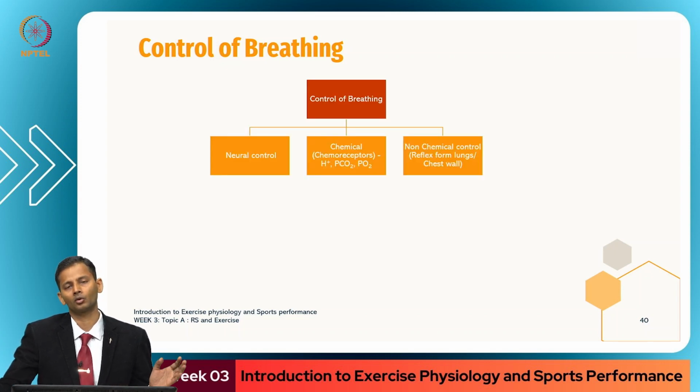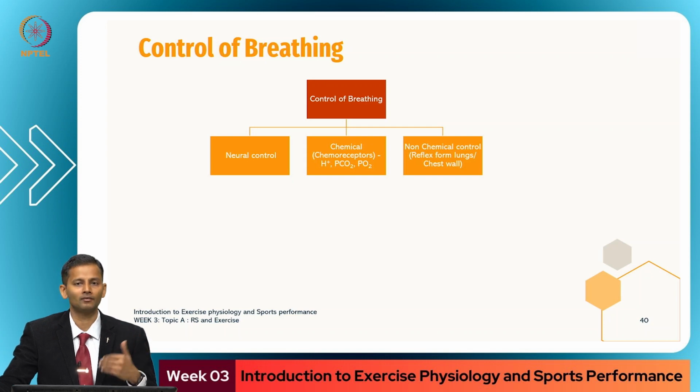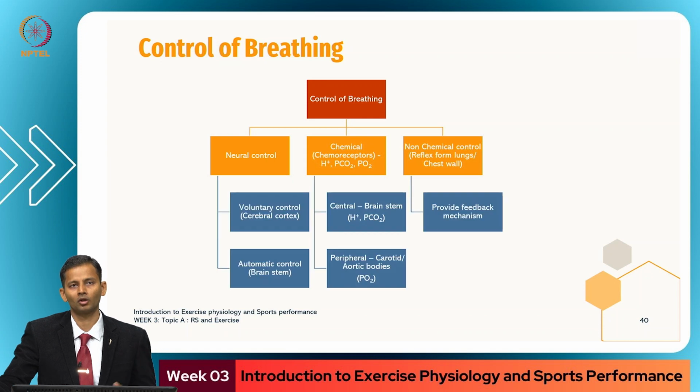The breathing is controlled mainly by three different domains: the neural control; the chemical control by the partial pressure of carbon dioxide, the partial pressure of oxygen, and the H plus ion, which is a byproduct; and you also have non-chemical control by means of reflexes from the exercising muscles, the lungs, and the chest wall.